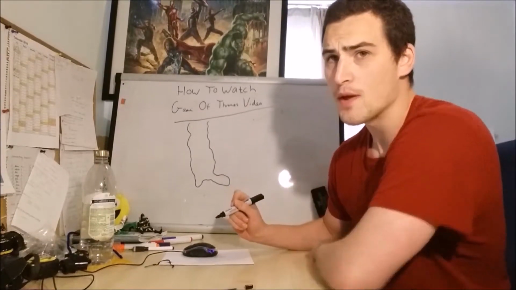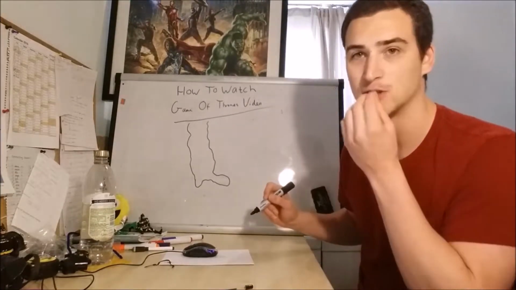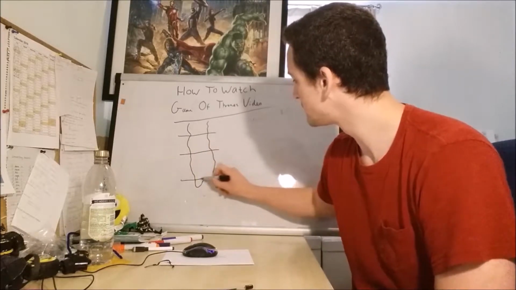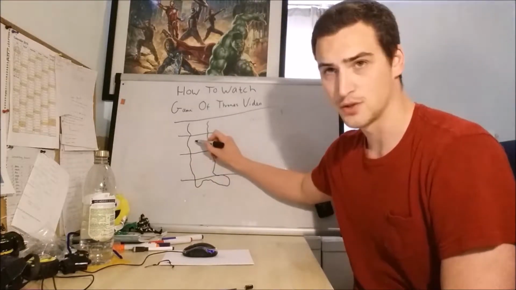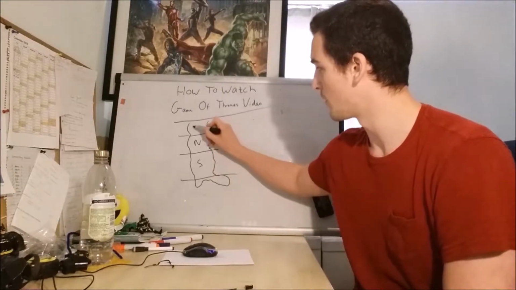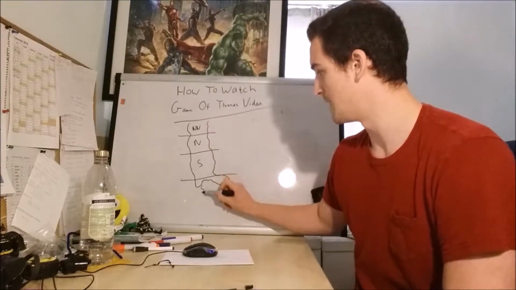So here's the map. It can be split into 4 different sections, like this. And this is north, this is south, this is north, and this is Spain.